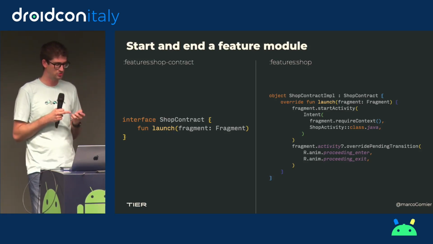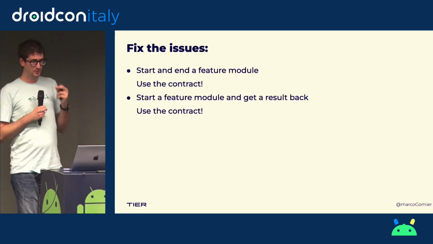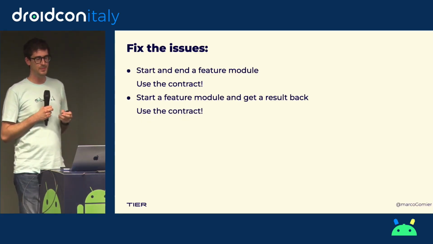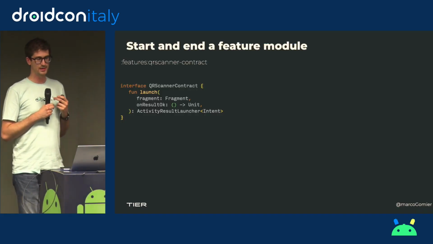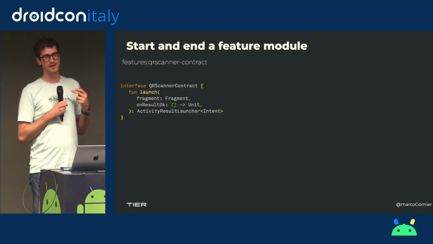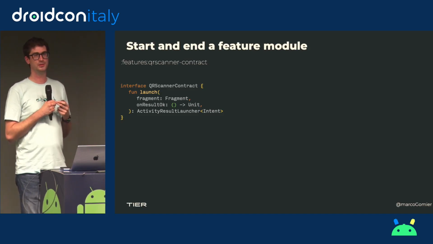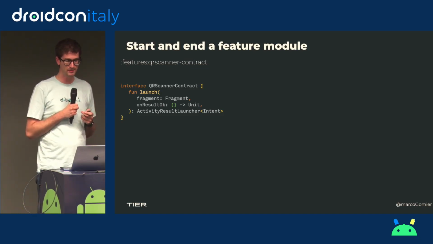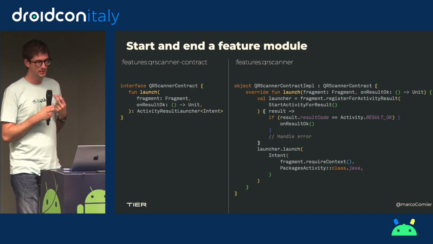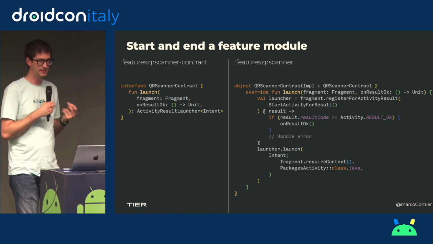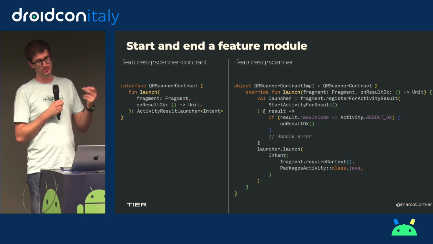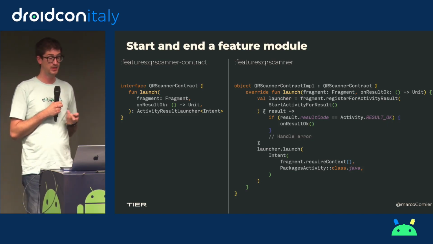So this was pretty handy. For the second case, getting a result back, this is kind of the same, because you can again use the contract, have an interface with a simple function that also accepts a callback, and then you can just use the new API from start activity for result and call the callback when you're done.